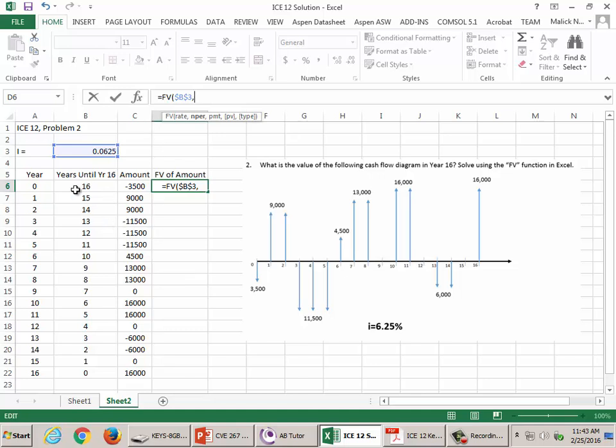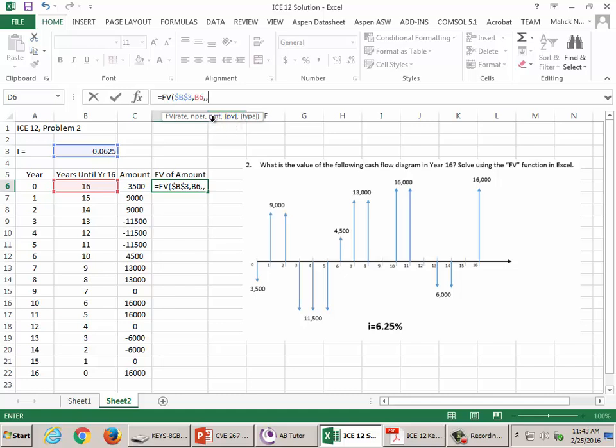So we click on the years until year 16 because that's how many years we're compounding it into the future. We skipped the PMT field with a double comma because this 3,500 isn't a recurring payment. There's just one amount of 3,500, so we're treating it like a present value, not like a payment.